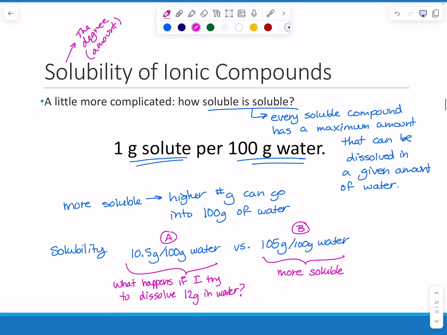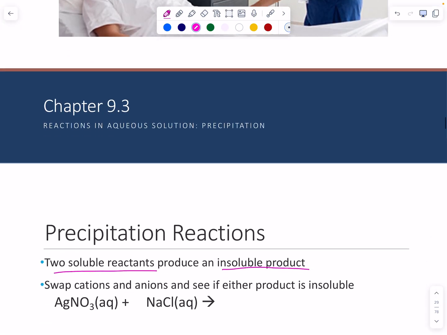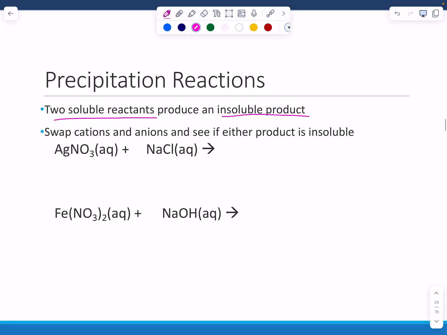When we write chemical reactions, we put the state of our material in parentheses afterwards. It can be solid, liquid, gas, or aqueous. And aqueous means dissolved in water.